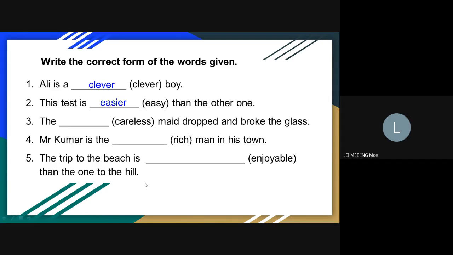Question number 3. The maid dropped and broke the glass. So the given adjective here is careless. What is your answer? Answer please in a few seconds. All right. So number 3, the answer will be careless.